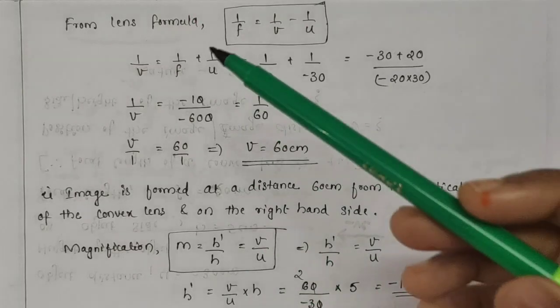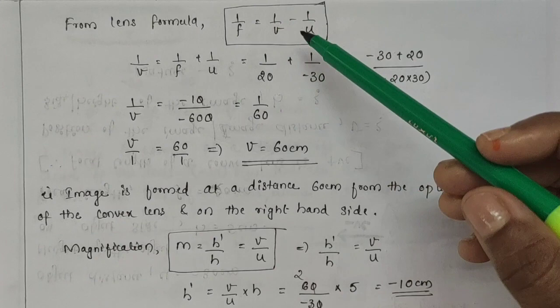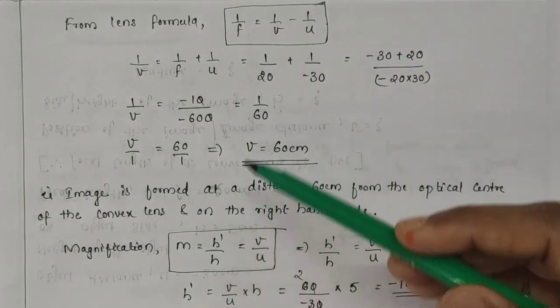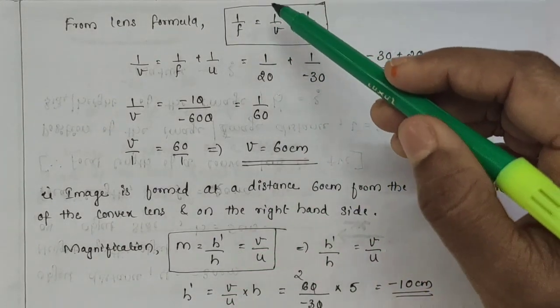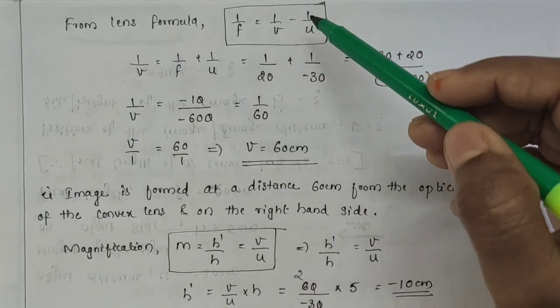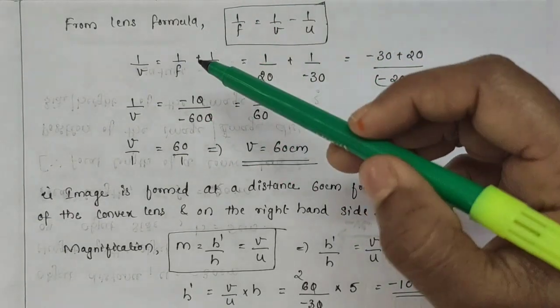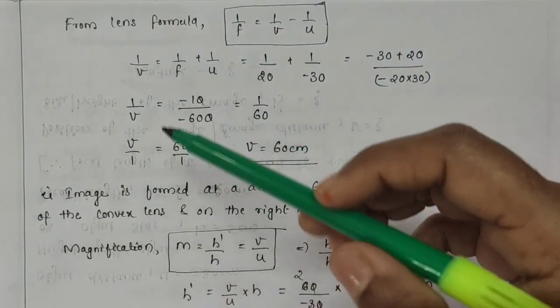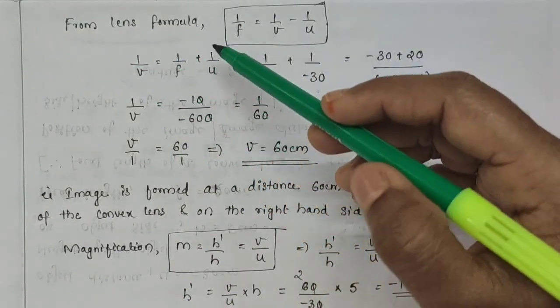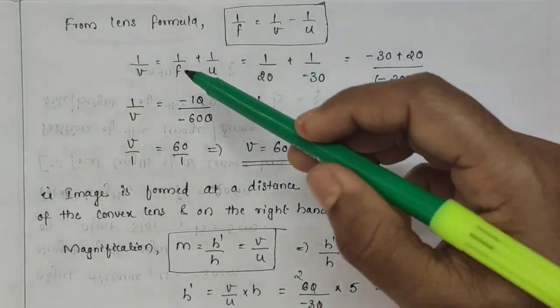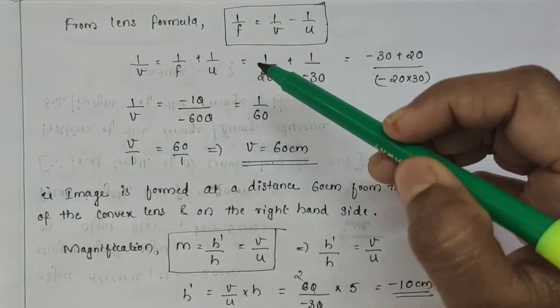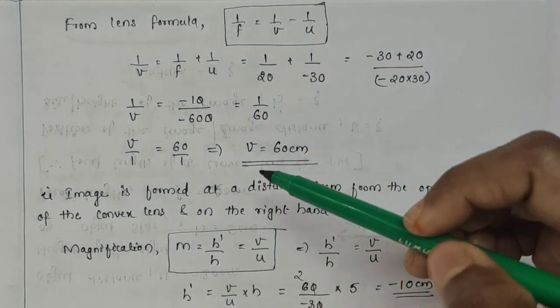From lens formula, we have 1 by f is equal to 1 by v minus 1 by u. To get v, I am keeping 1 by v here and taking this minus 1 by u to the other side, so that it becomes plus 1 by u. So 1 by v equal to 1 by f plus 1 by u, which is 1 by plus 20 plus 1 by minus 30.